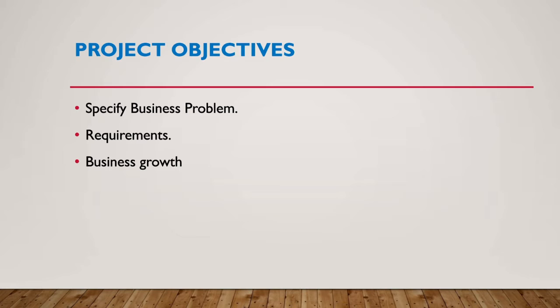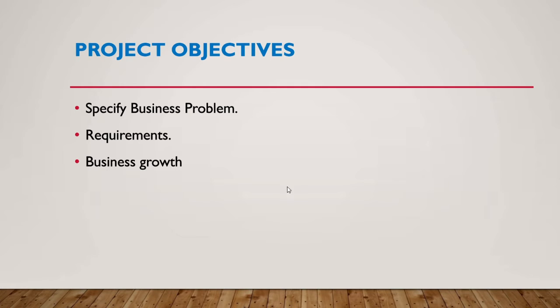So what is a project objective? Suppose you are doing a project or you are making a software. The most important thing that matters a lot is what is the objective of this software or of this product. It means what is the need to create this software or this project.